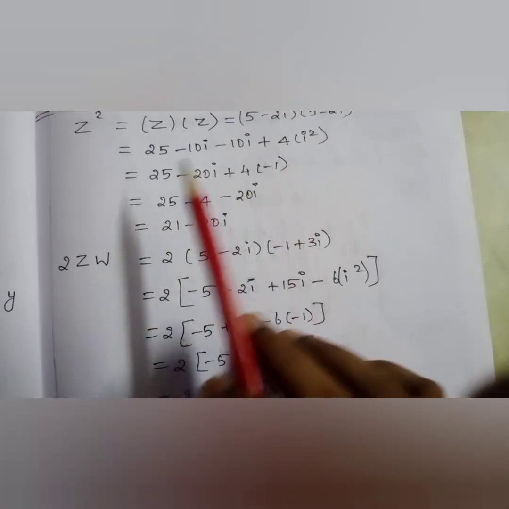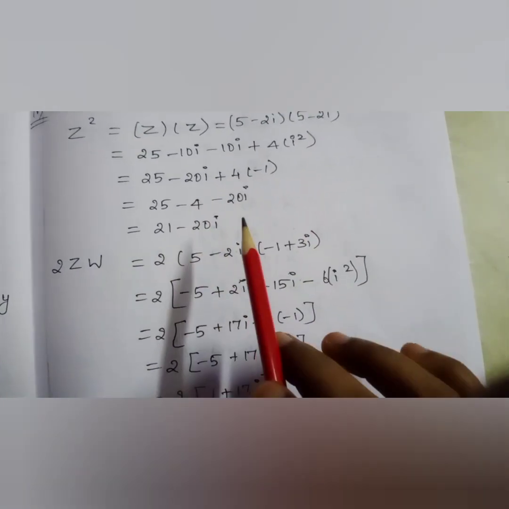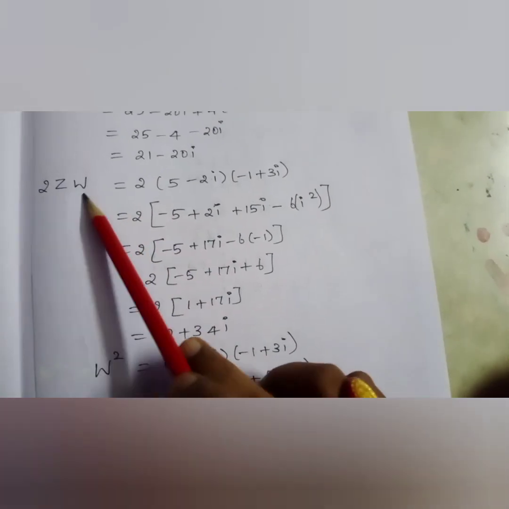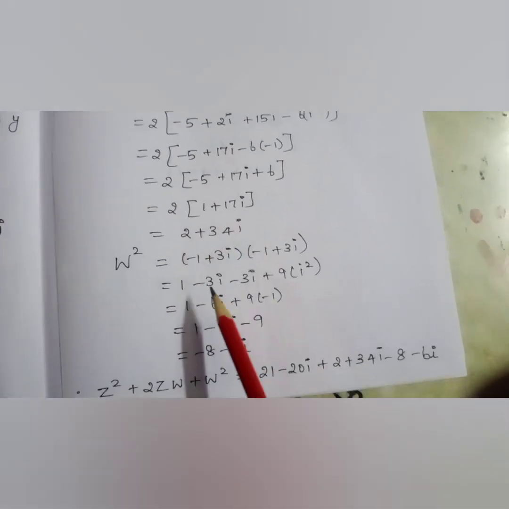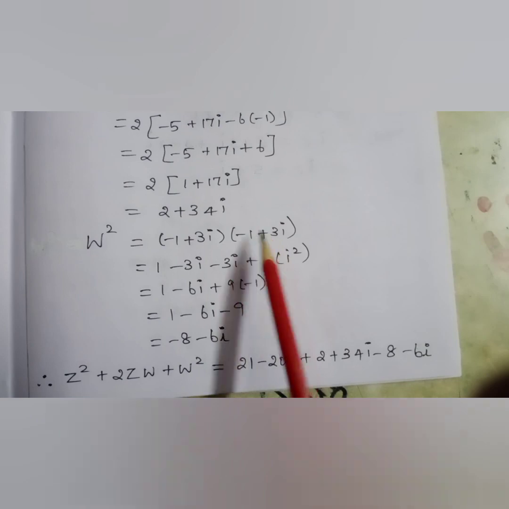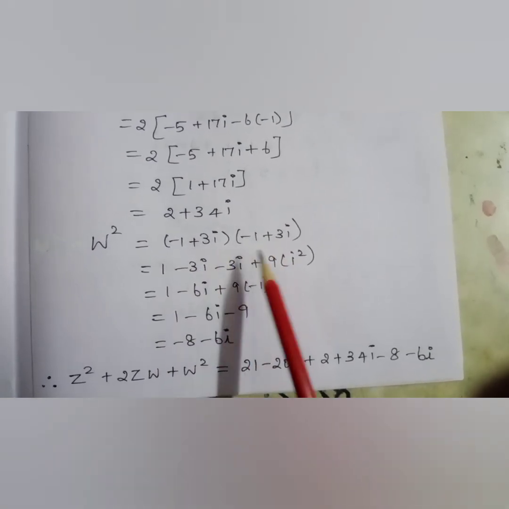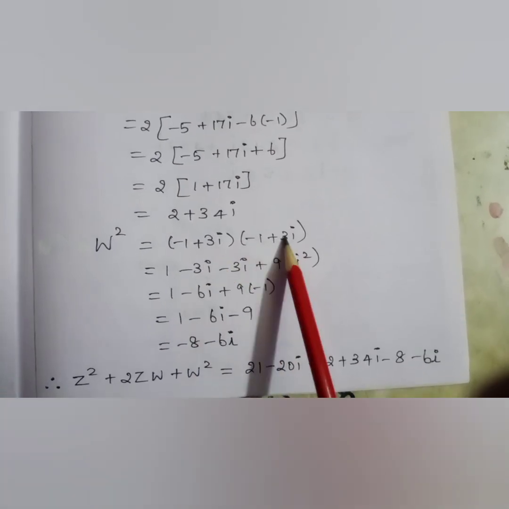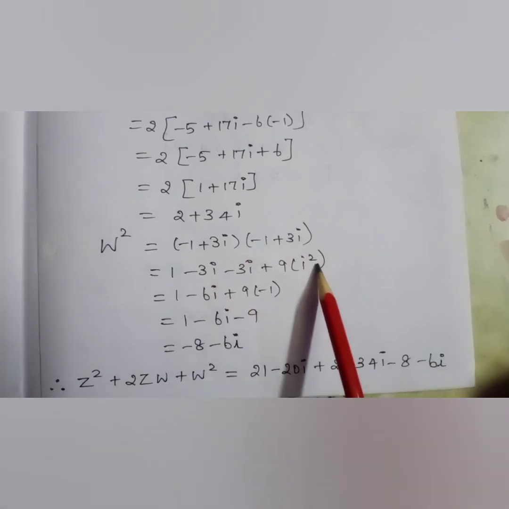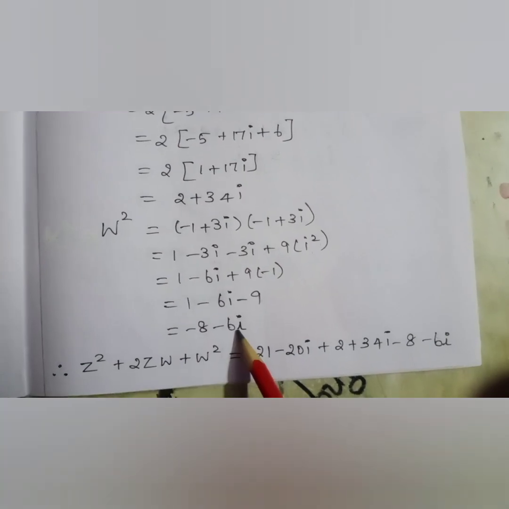Whatever the calculations, at the end you have to write with real part and imaginary part. Then 2zw is equal to 2 into z into w. After multiplying, I am getting it to be 2 plus 34i, and w square is nothing but w into w, that is minus 1 into minus 1, 1, minus 1 into 3i, minus 3i, 3i into minus 1, that is minus 3i, 3i into 3i, 3 into 3 is 9, i into i is i square, which is minus 1, so 1 minus 6i minus 9, that is minus 8 minus 6i.